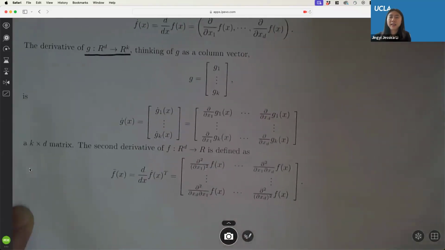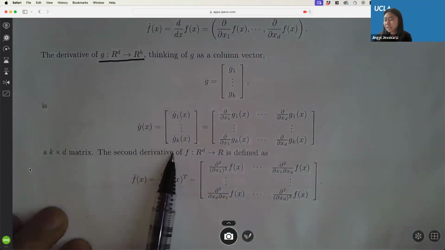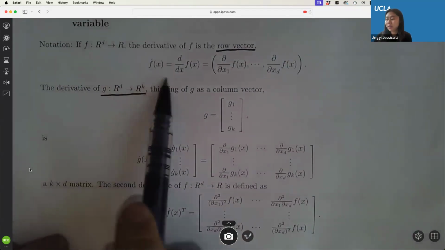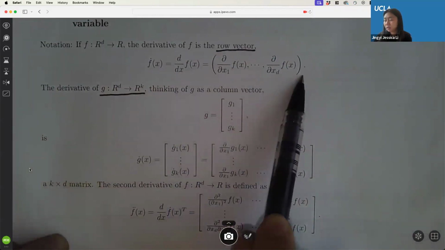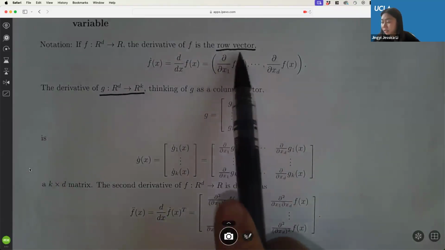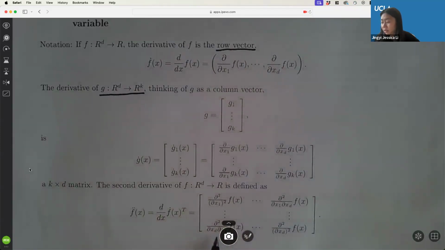And how about the second derivative? Let's look at the real valued function first. This is our f dot, which is already a vector. Now you want to take the second derivative, so it's like taking a derivative of this. Essentially we get a d by d matrix.